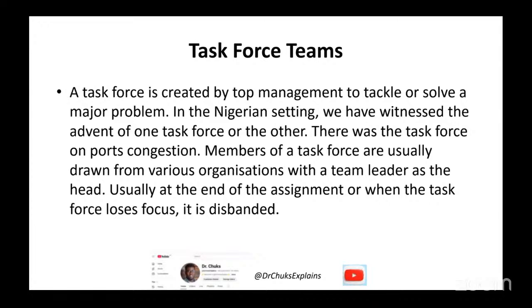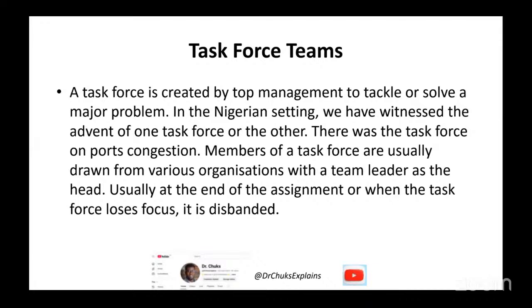Now, task force team. You may have heard the word task force here and there. Task force is created by top management to tackle or solve a major problem. In the Nigerian setting, for example, we have witnessed the advent of one task force or the other.